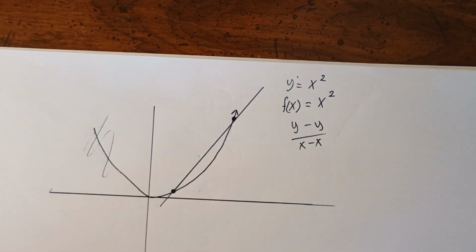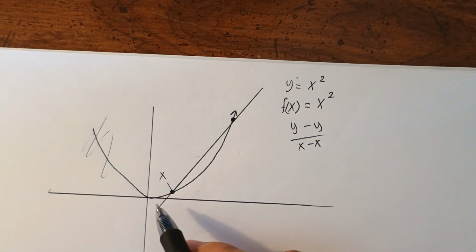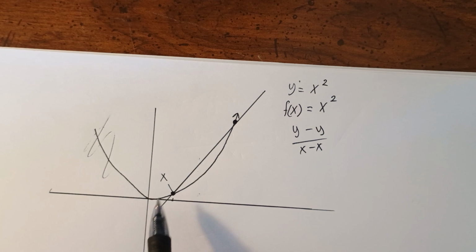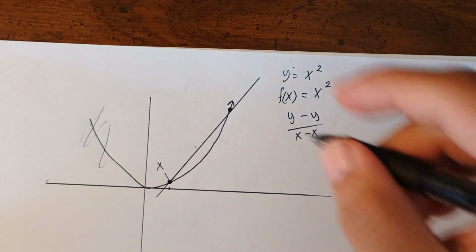Now, we're going to call this point x, because it's some x value. This is our x line, and this is our y line. So we're just going to call it x.